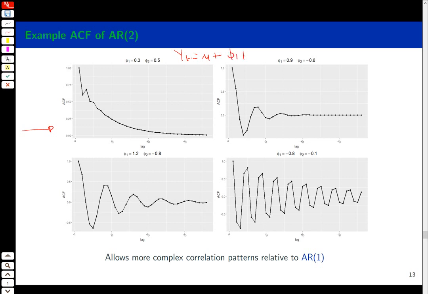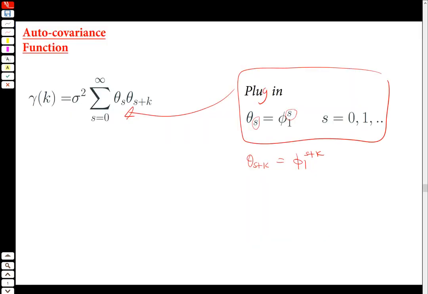Okay. If phi1 is negative, then we're going to get an oscillating pattern. Yt depends negatively on yt minus 1, but that means yt minus 1 also depends negatively on yt minus 2. So we get negative, negative, which means that yt is positively correlated with yt minus 2.